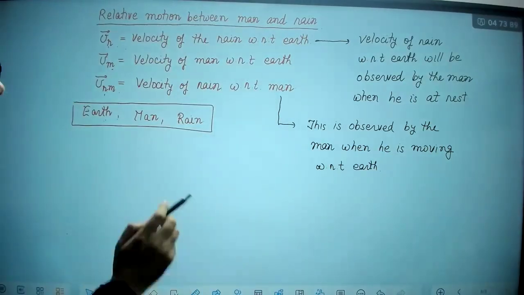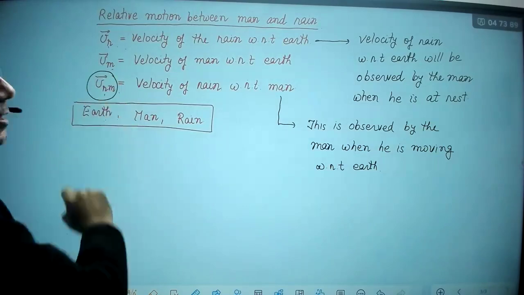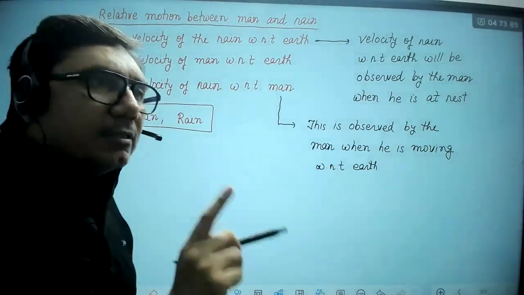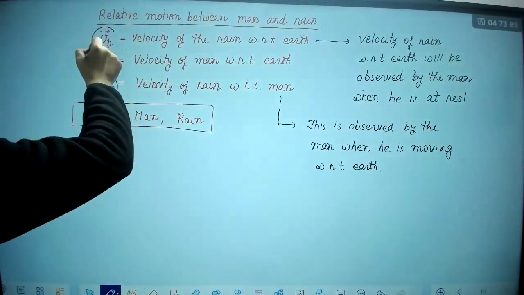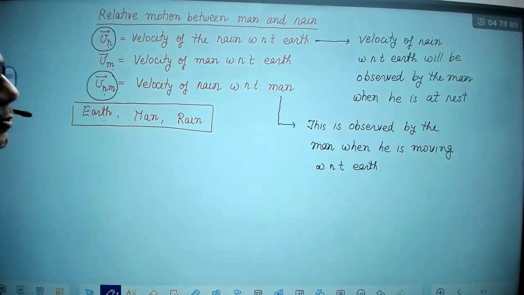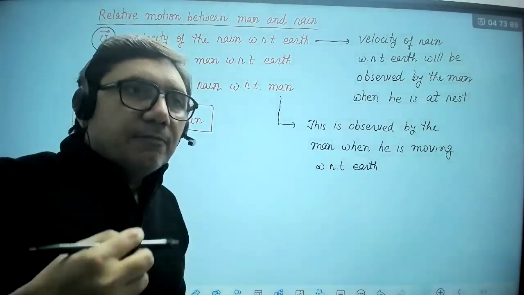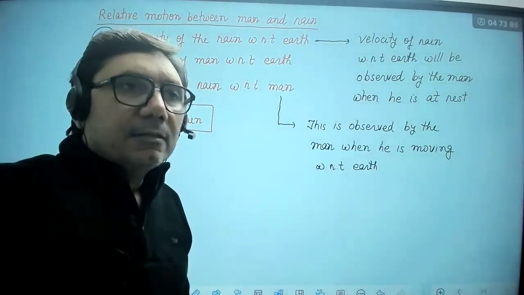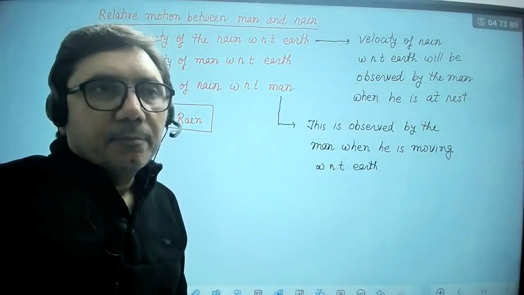So when he is moving, you are going to observe VRM, velocity of rain with respect to man. And when the person is at rest, he is going to observe velocity of the rain with respect to earth, because when you are standing on the earth, you are in the same frame. You and earth, you are the same reference frame.